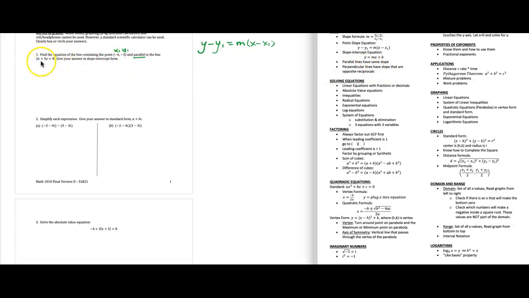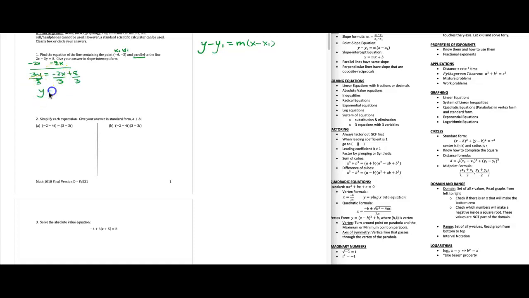And we can't see what it is until we get it into that y equals mx plus b form. So that's what we want to do. We're going to take this and get y by itself. So I'm going to start off by subtracting the 2x over. That's going to give me 3y equals -2x plus 8. And then I need to divide by 3.